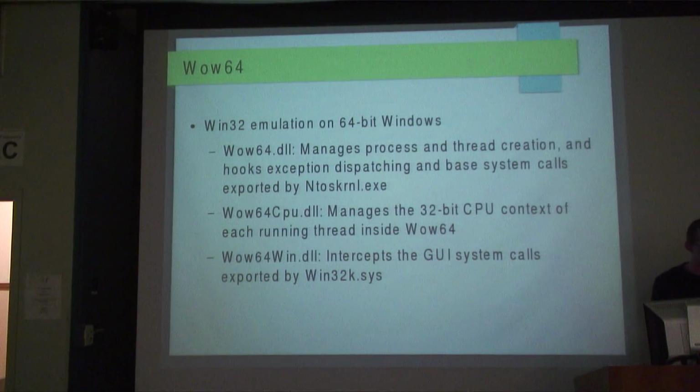They're the only 64-bit DLLs loaded in your process. So what it does is it saves your 32-bit context state before it switches into 64-bit mode. So that's what the WOW64 DLL is. Then the CPU and the WOW64 Win is your GUI, so that would be Win32K.sys. So that driver handles a lot of the GUI syscalls.